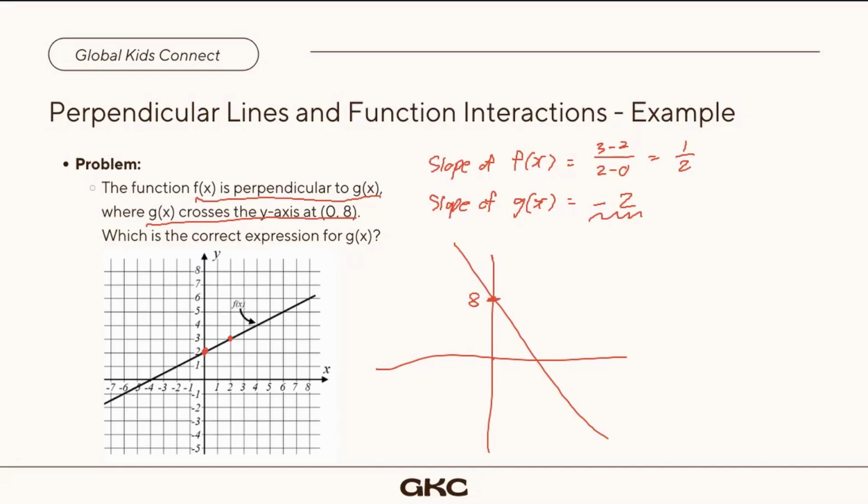The y-intercept is 8, and therefore we can write the function g of x as a linear equation because it is a linear graph. The slope is -2, so the coefficient in front of x will be -2. And because the y-intercept is 8, we just add +8 at the end. Therefore, g of x equals -2x plus 8 will be our final answer and equation.